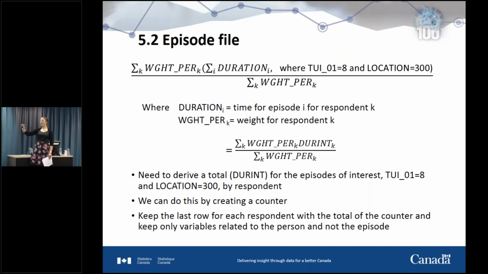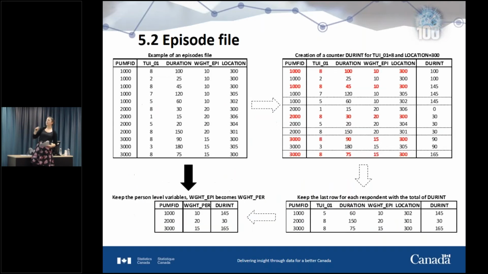Again, I put the variables we will be using. So how would we calculate that? It is the estimated total time spent on activity per day divided by the total number of persons in a given population. We first need to derive a variable we'll call durand, which is the total duration for each respondent.